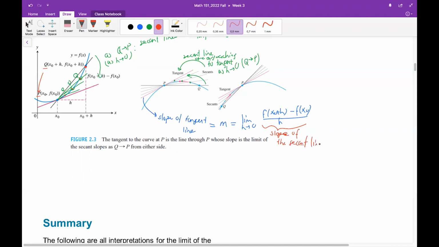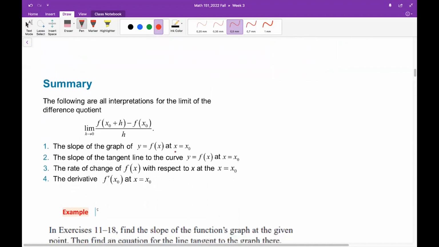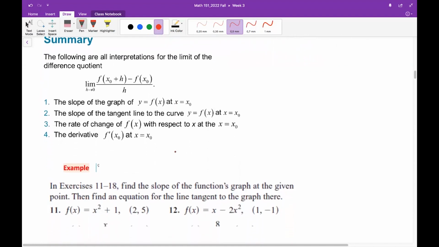And if you send h to 0, meaning that you are sending the point Q to the point P, this expression becomes the slope of the tangent line. And at the same time, this is defined as the first derivative of your function, right?